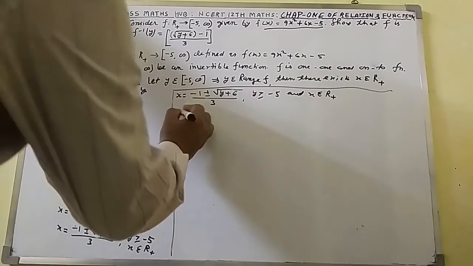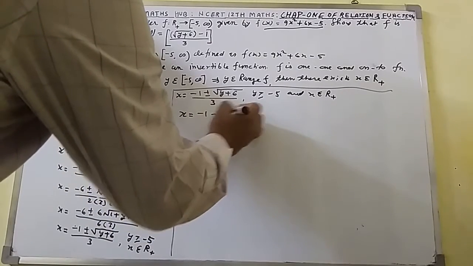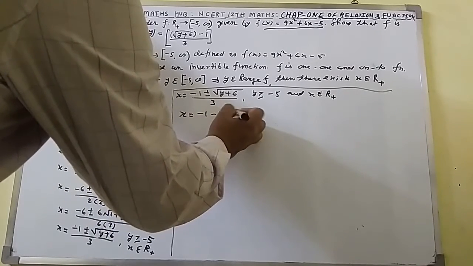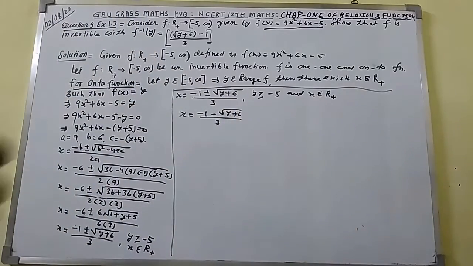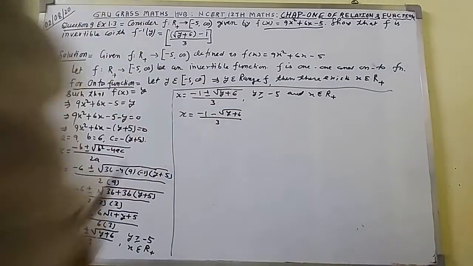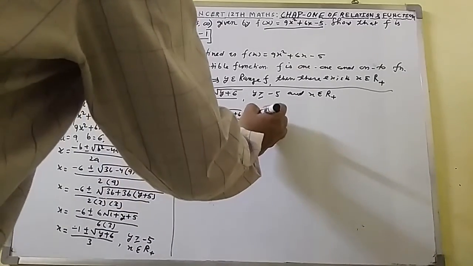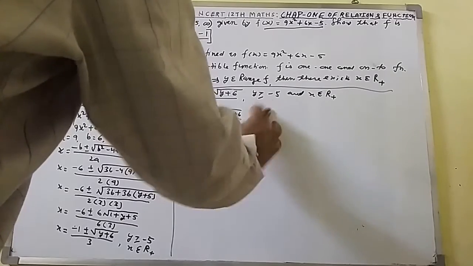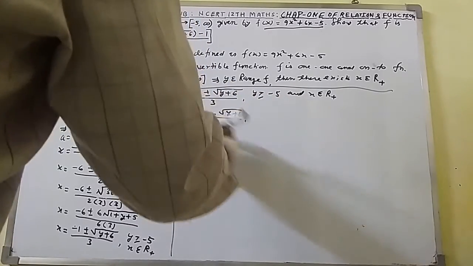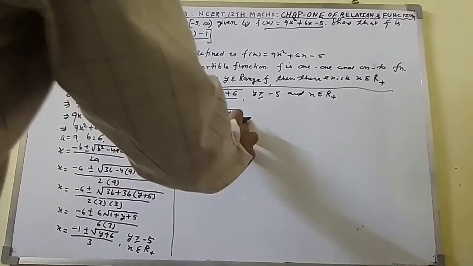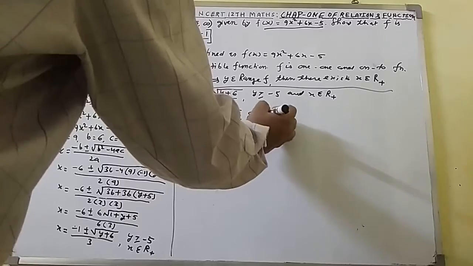Like that you can see here, x equal to minus 1 minus under root y plus 6, whole over 3. This value will not be accepted. Why? Because x with a minus sign will give a negative value, and a negative value can't be an element of the set of positive reals.